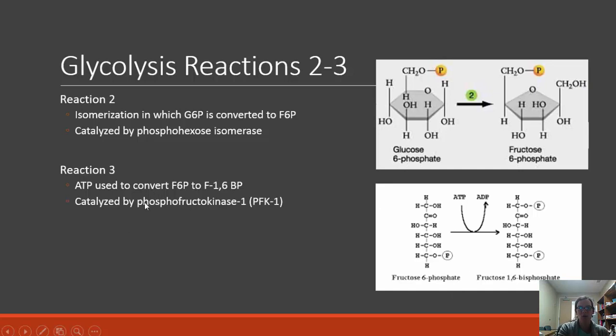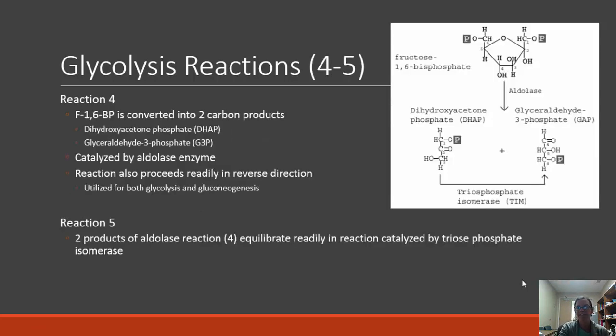Again, it's with a kinase enzyme, phosphofructokinase, and we are taking a phosphate group from this ATP and putting it on our fructose 6-phosphate to get fructose 1,6-bisphosphate. So we've used 2 ATPs at this point, and that's the energy using stage of glycolysis. We've invested 2 ATPs at this point.